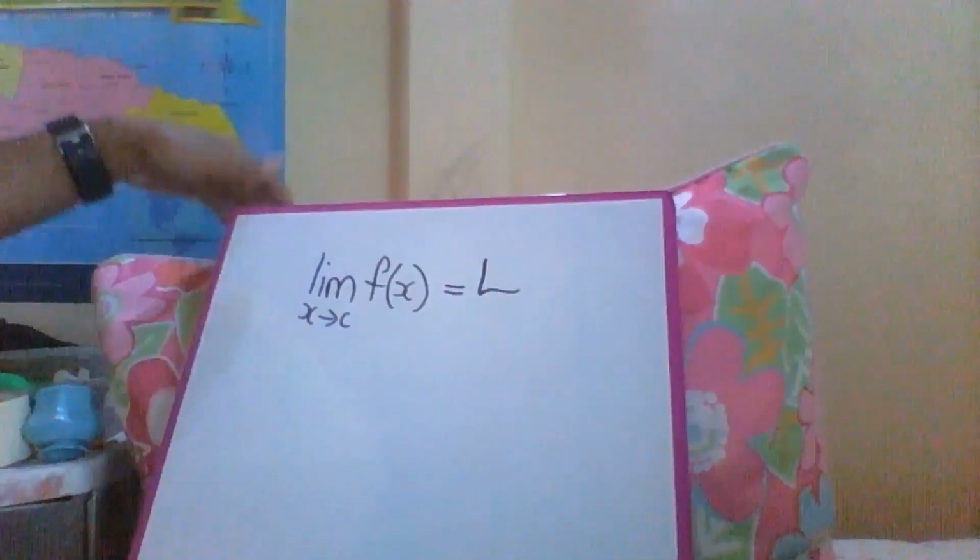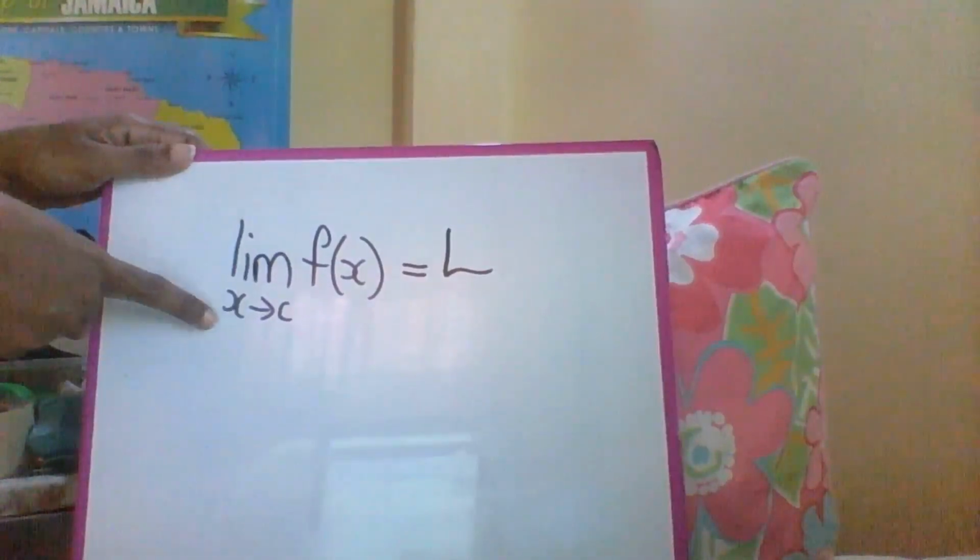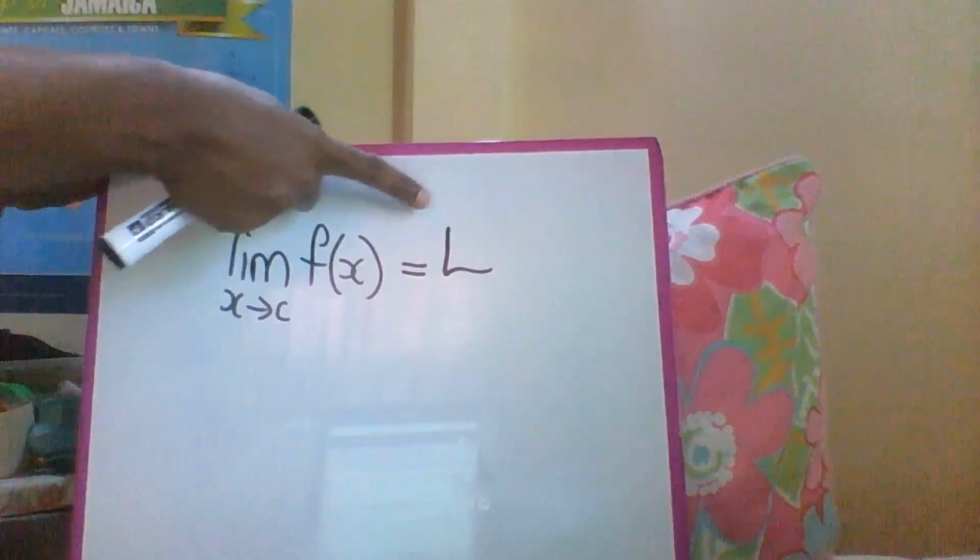If f of x gets closer and closer to a number L, capital L, as x gets closer and closer to C, capital C, from both sides, then L is the limit of f of x as x approaches C. This behavior is expressed by writing, and I'm going to show you the board, limit of f of x as x goes to C equals L, right?